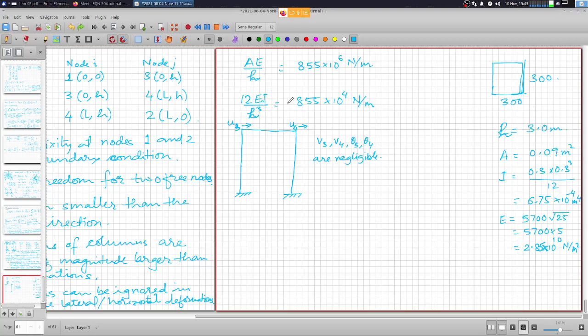So again we will have a similar kind of thing. AE by L is going to be 855 multiplied by 10 to the power 6 Newton per meter. And again the stretch, the difference between U3 and U4, is going to be very, very small.